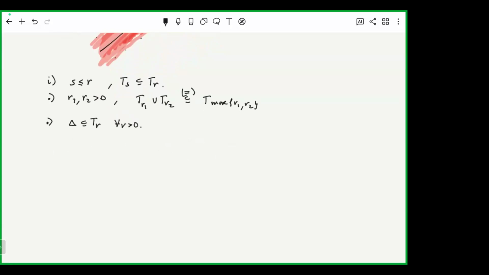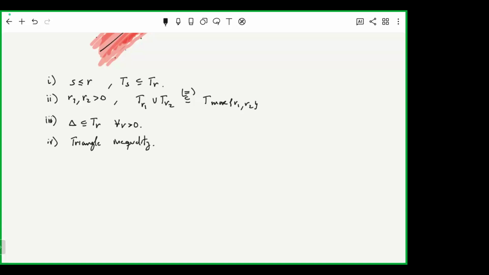Sorry, I'm not numbering this. The second one, third one, and fourth one have to do with the triangle inequality.